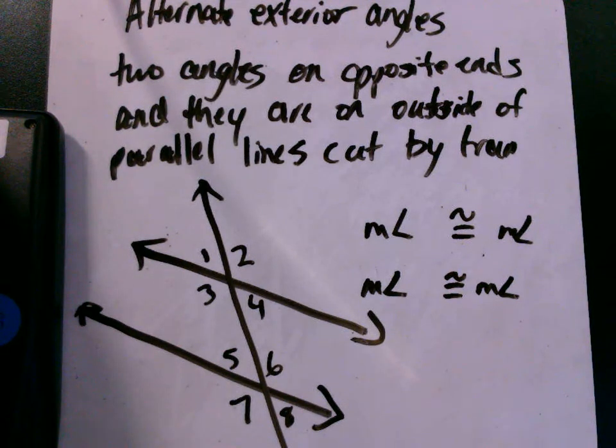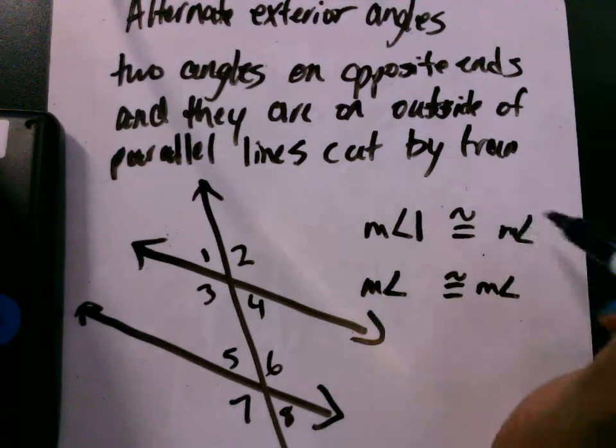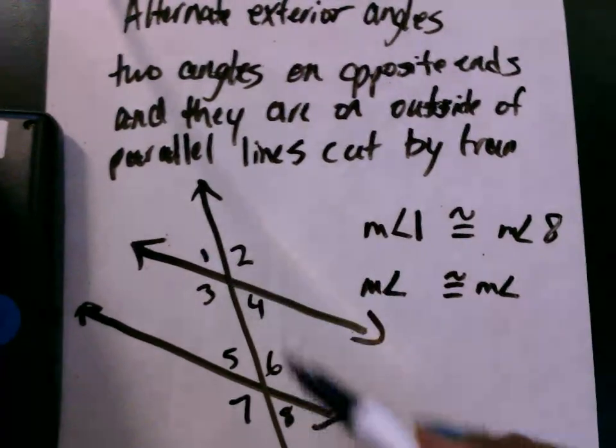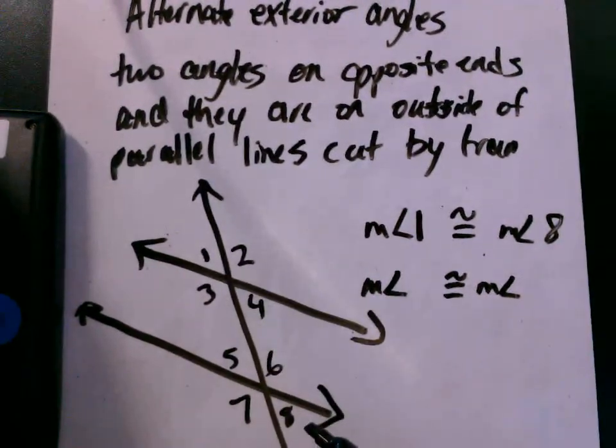Exterior. 6 is interior. No, same side. Those on the same side. 1 and 8. 1 and 8 are alternate exterior angles. That makes them congruent, okay?